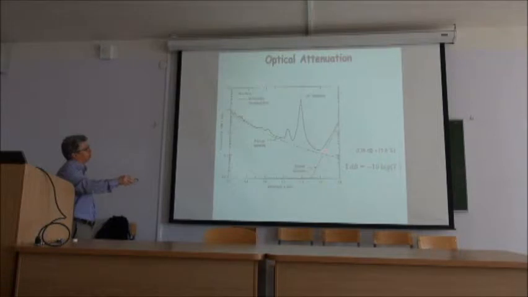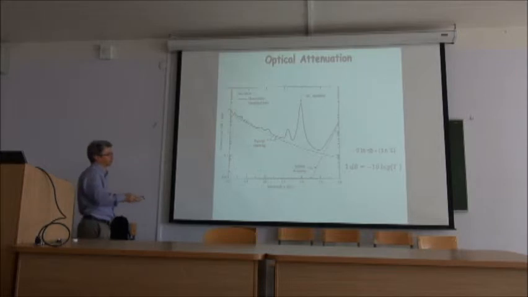On the right side, for the higher wavelengths, it is dominated by the shoulder of the infrared absorption, and we have a peak here, the OH absorption. This sets the minimum in regions around 1.3 or 1.5.